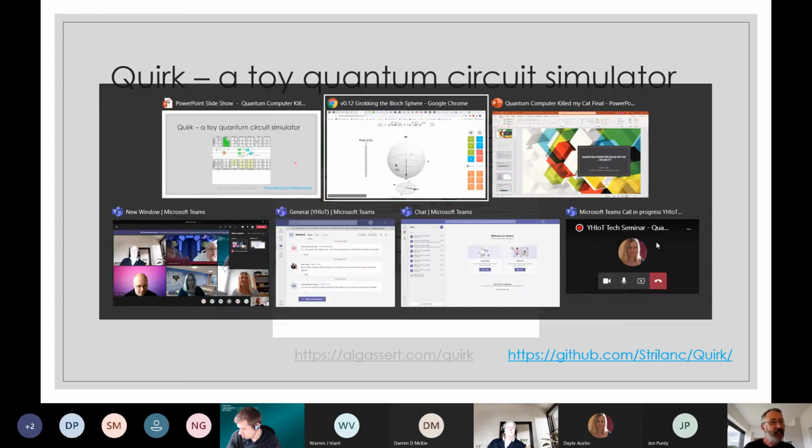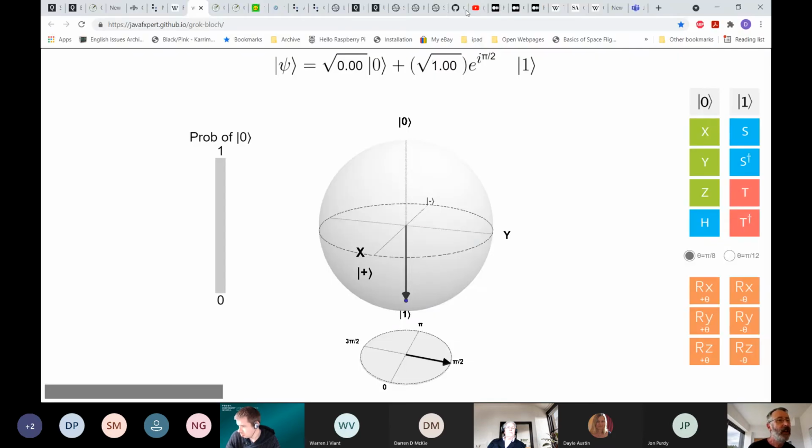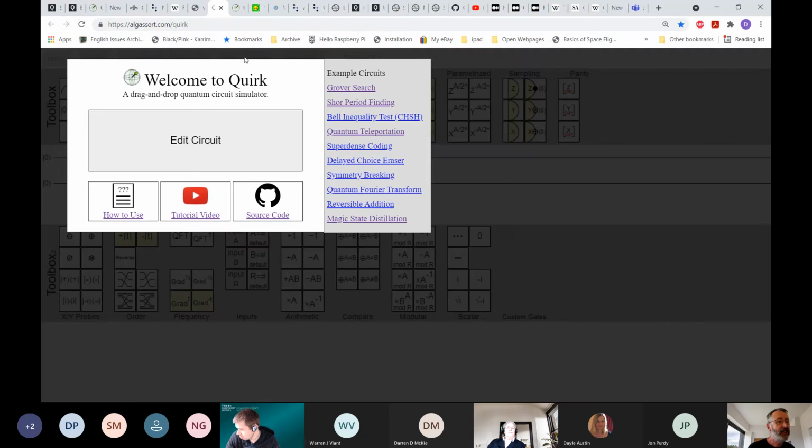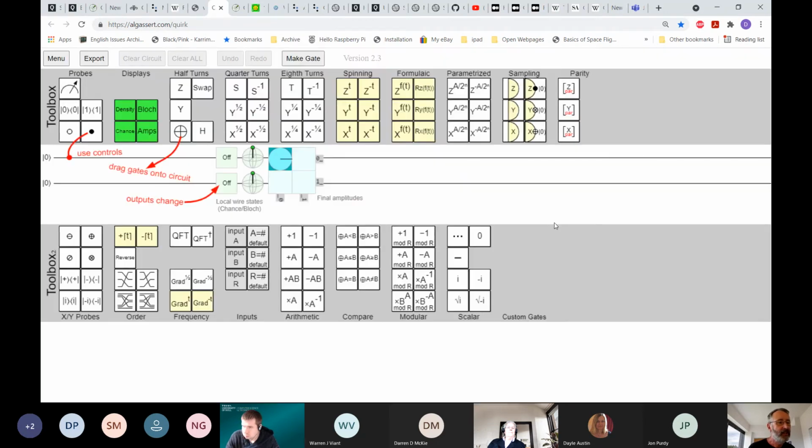Right, because time's moving on, I'm going to show you a quick quantum circuit, hopefully. So how do we build quantum circuits? One way of doing it is nice and pictorially. So we have 2 qubits here, 1 and 2, and we've got this strange spherical representation.